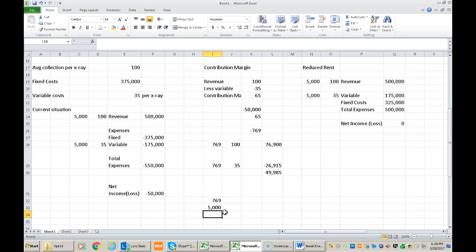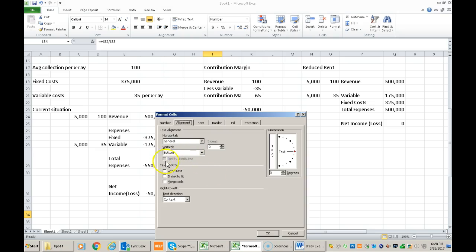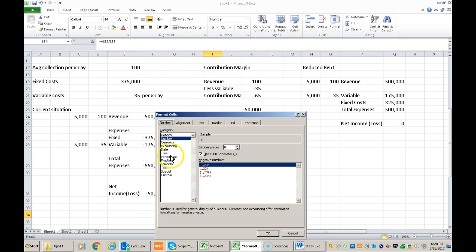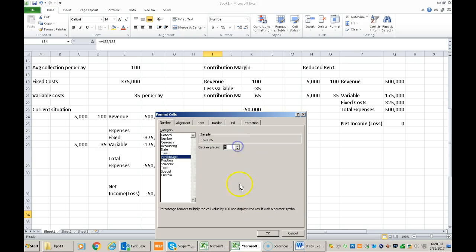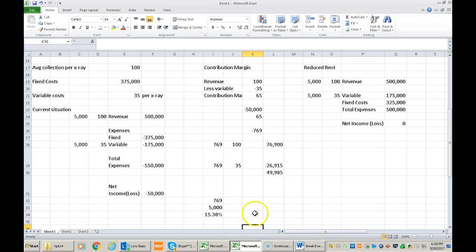So 15.38%. So let's prove that. 5,000 times 15.38%, 769. So we'd have to increase volume, we would say, by 15% in order to break even. And that's all there is to break even analysis.